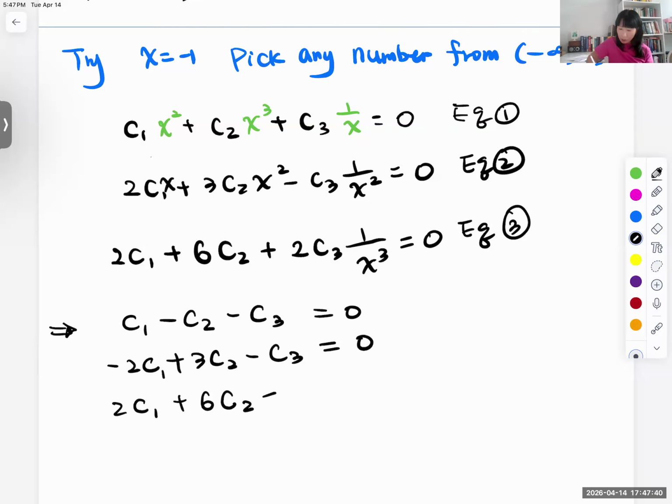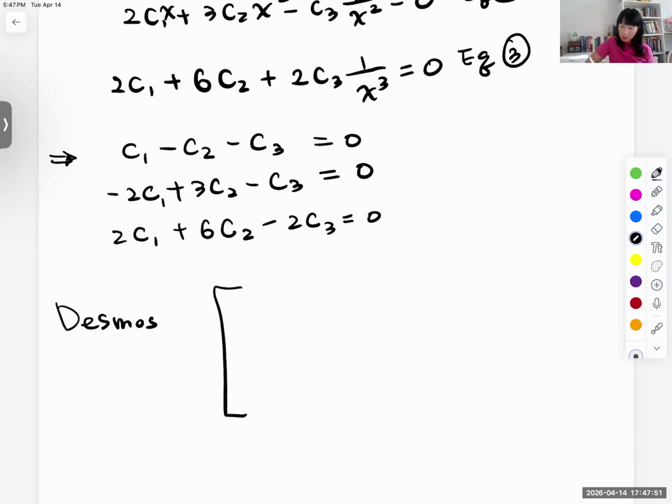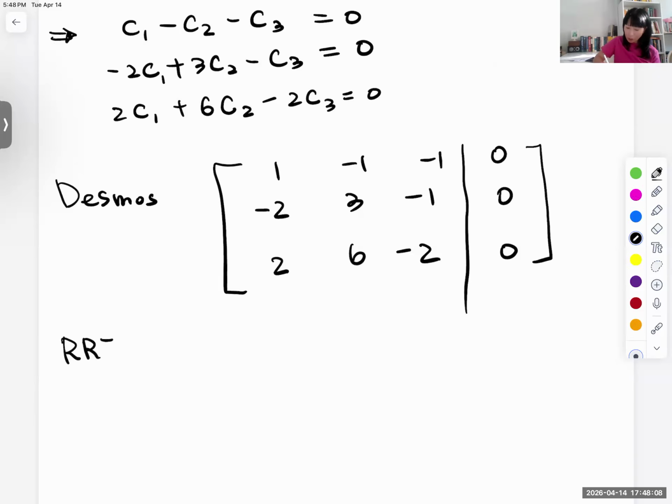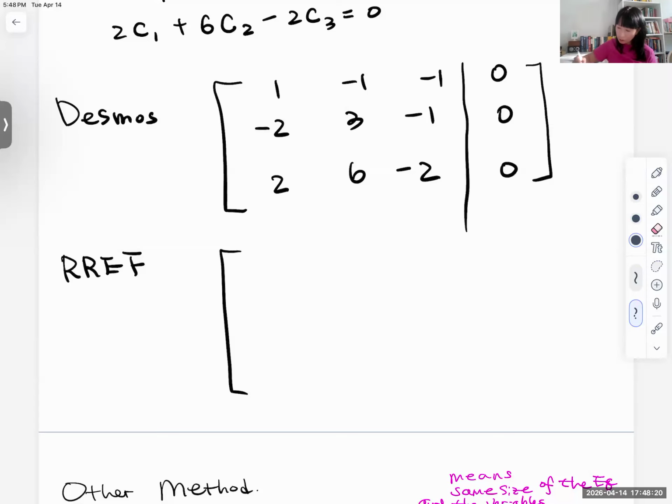Okay, so we can use matrix Desmos. So 1, -1, -1. We can omit 0, 0, 0 here. And -2, 3, -1, 2, 6, -2, right? Okay, then reduced row echelon form. So we get, I want to make it a little bit smaller because I want to make a conclusion.